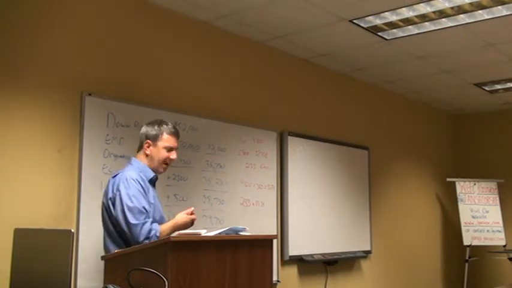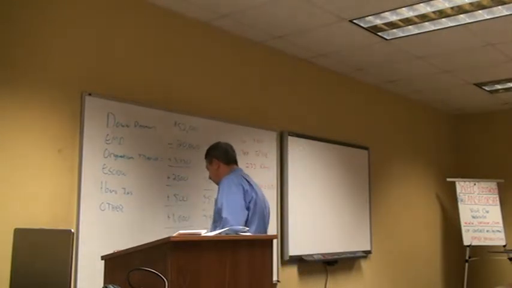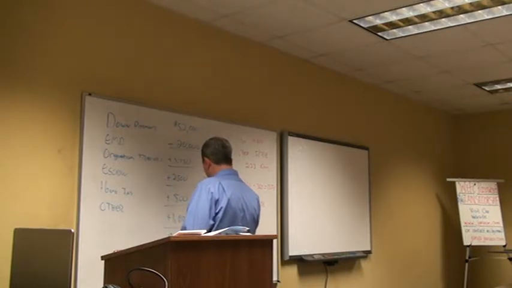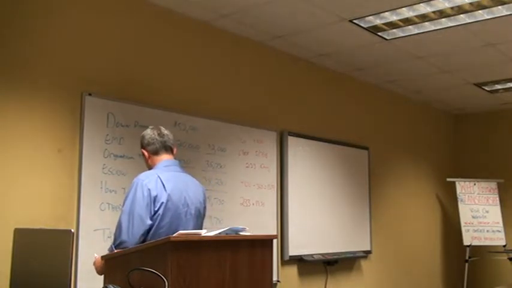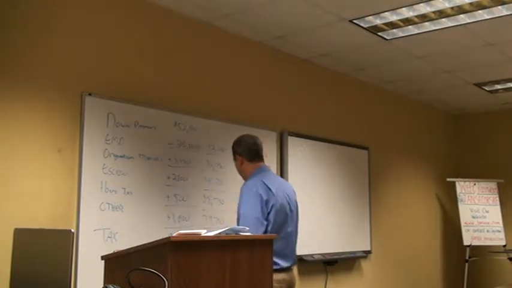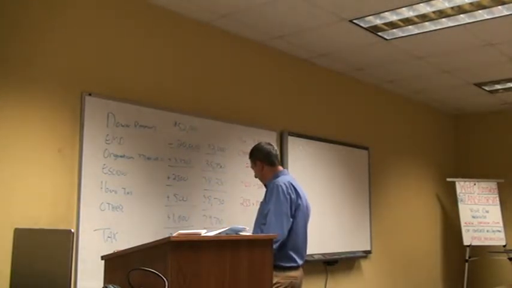Yep, 3,105.89. So we can round to the nearest dollar, and that is 3,106. And so this is tax. And we're going to add that, and so that is going to be 42,836.